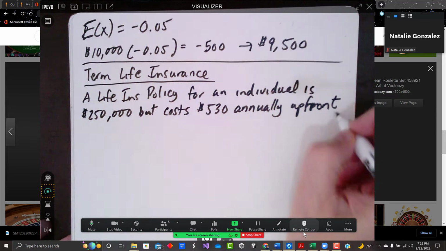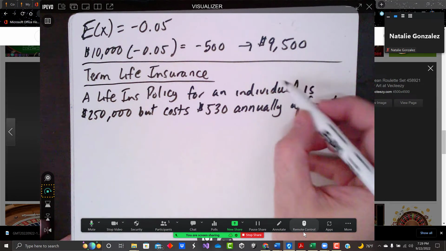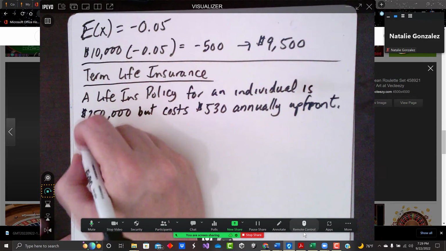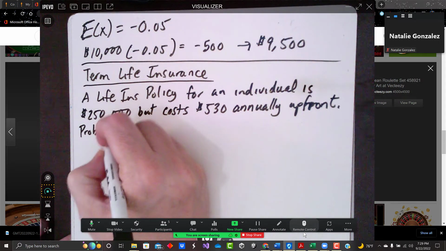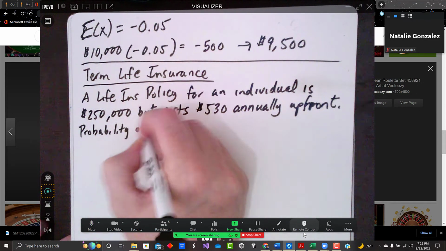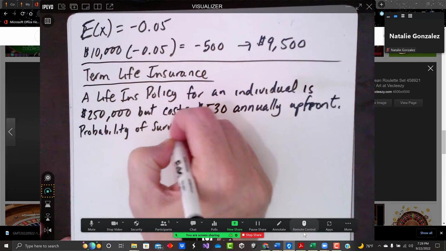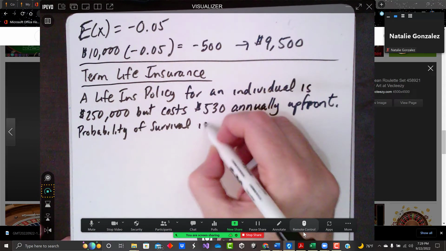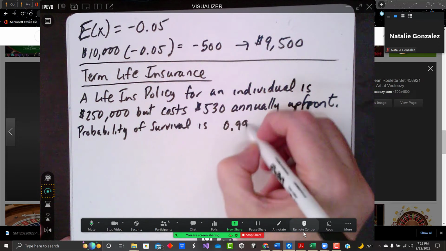The probability of an individual in whatever bracket this is, the probability of survival is 0.99791.